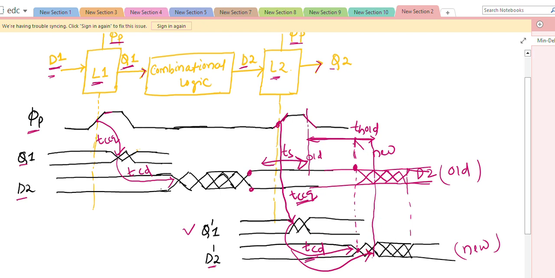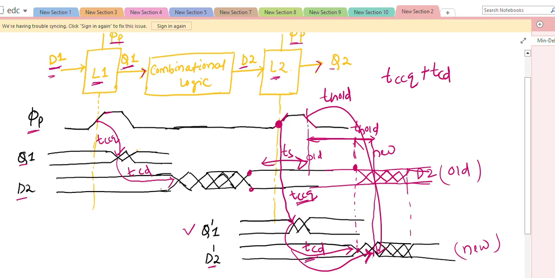If you get the contamination delay here, then this is your hold time, T hold. Now the T hold must be less than the delay, or I can say that TCCQ plus TCD is the total delay.